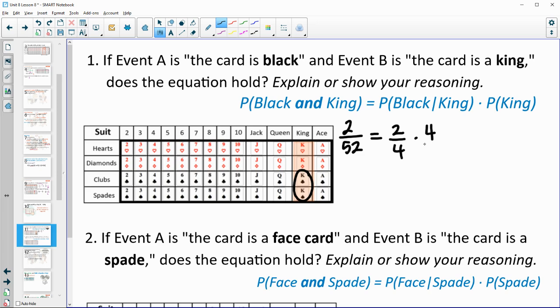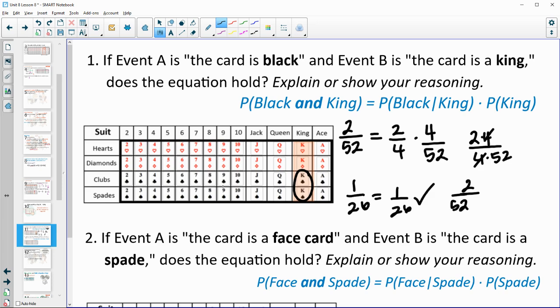And we know that a king is 4 cards out of the 52. And so if we multiply over here, again, if I just write it as 2 times 4 over 4 times 52, I'll see those 4s reduce out, and that'll simplify down to 2 over 52, which is the same as this side. And really it reduces to 1 over 26, but I just wanted to show that they were the same.